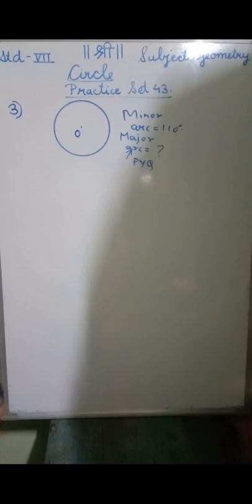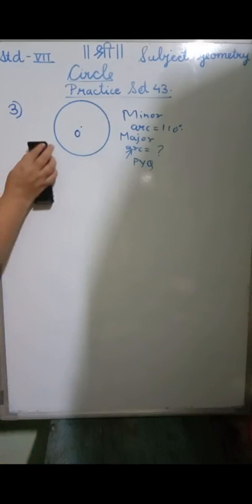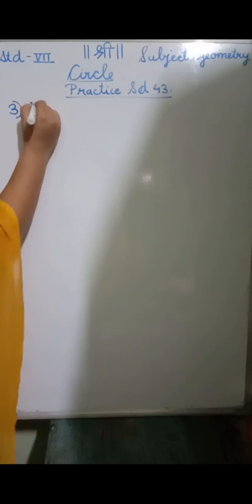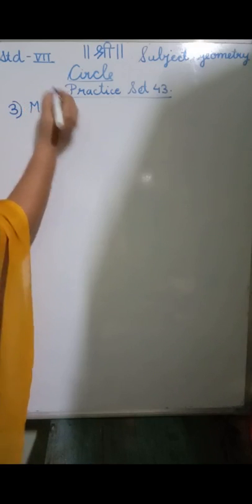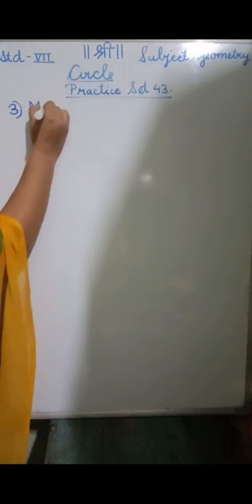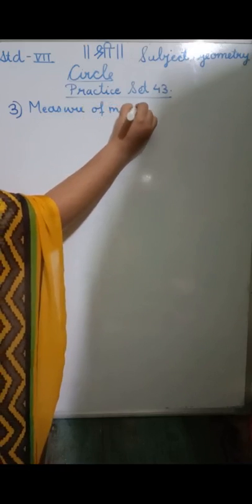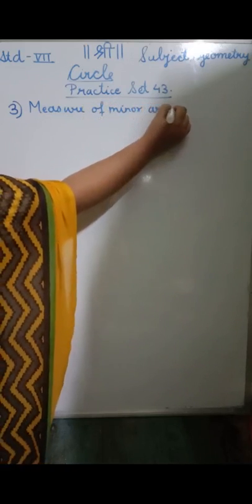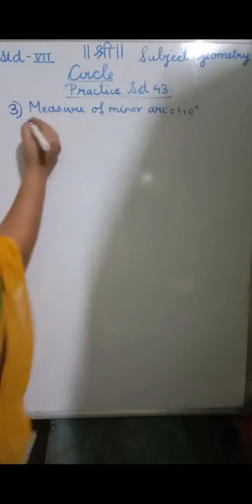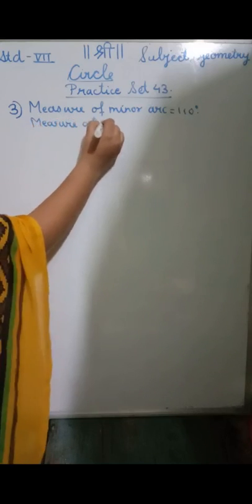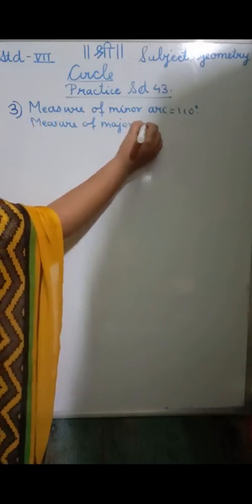Did you understand the sum? What is given and what we have to find out. Yes. So if you want, you can also write given and find out in this way. Measure of minor arc is equal to 110 degrees. Measure of major arc we don't know, so we'll give it a question mark.